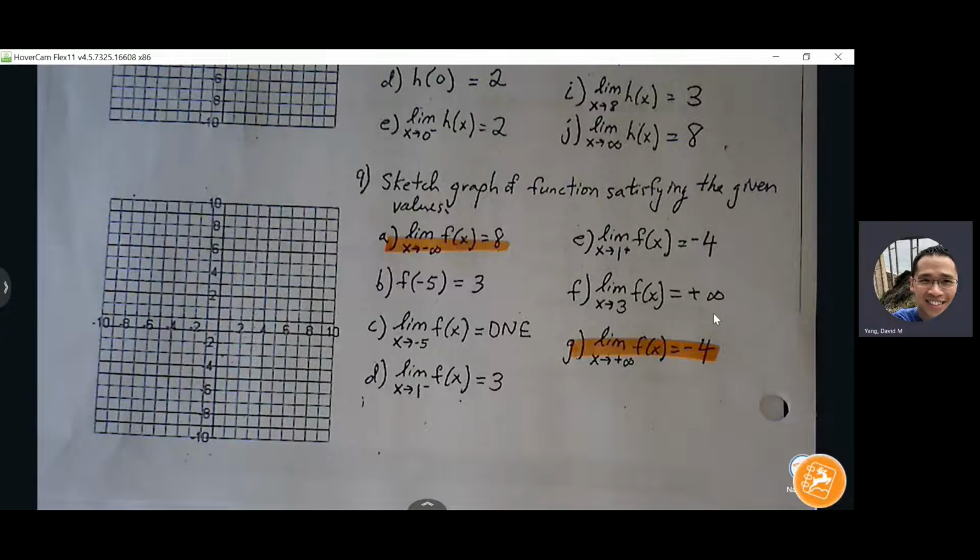Try number 9. And then I have a key attached where you can see you're on the right track. Now, again, graphs may be different because of interpretation.